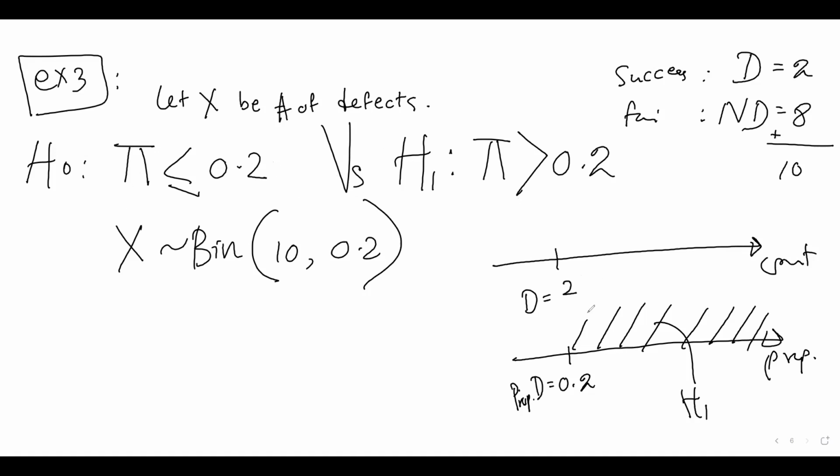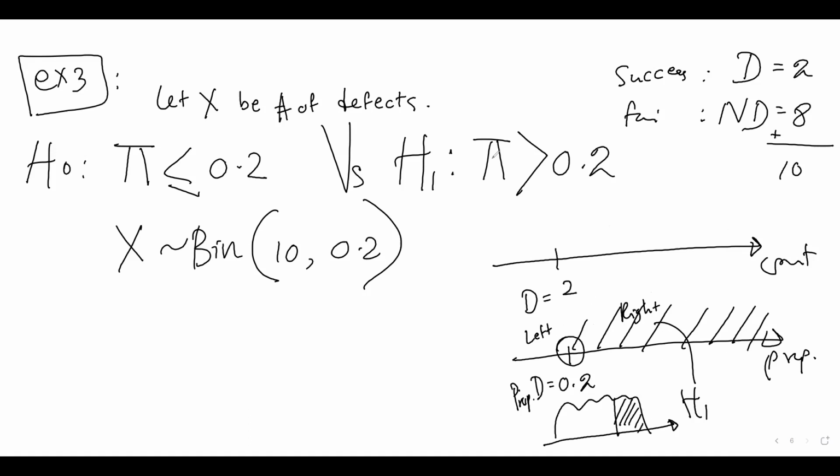So if we are dealing with proportions, we are checking the same thing: whether the proportion of defects is greater than 0.2. When you draw the distribution, this is the left side, this is the right side. They have colored the right side, so we are checking the right end.